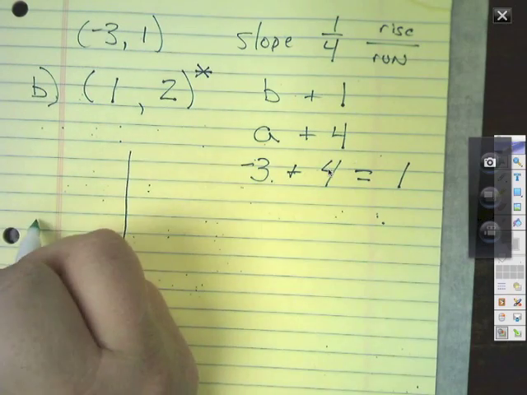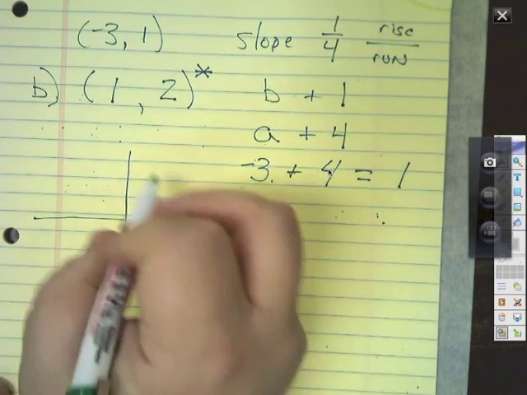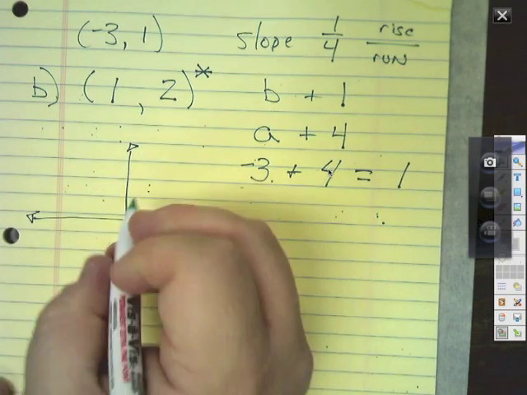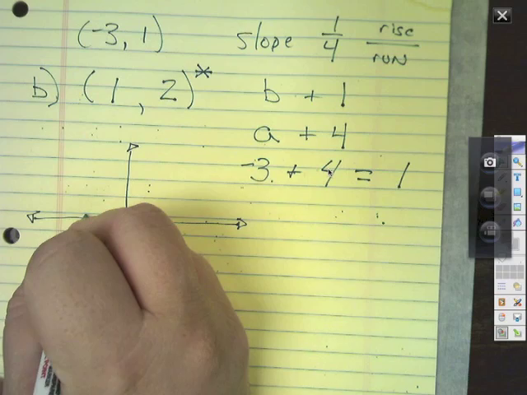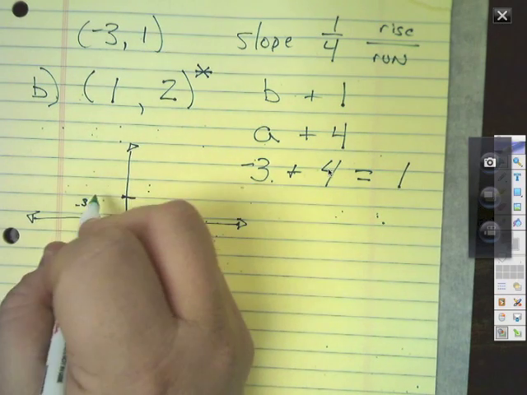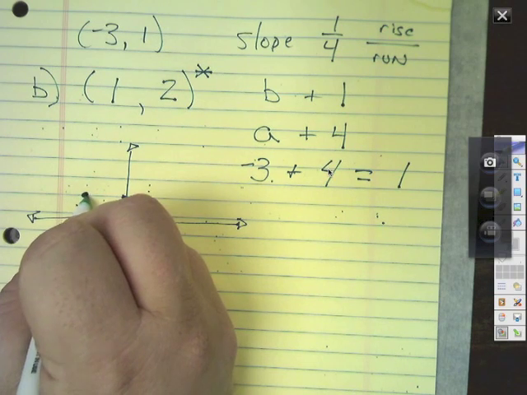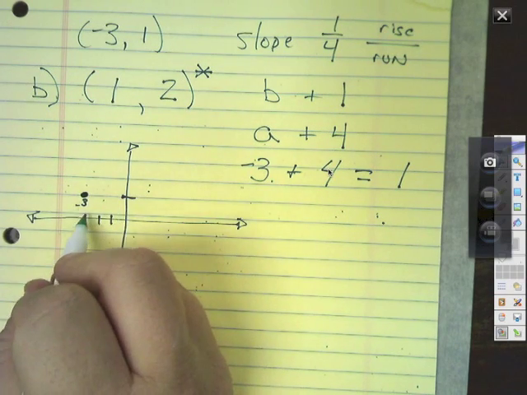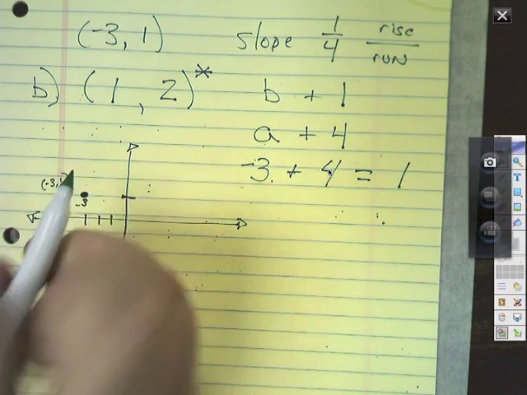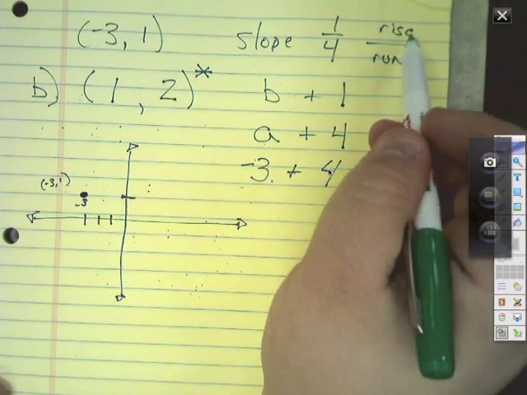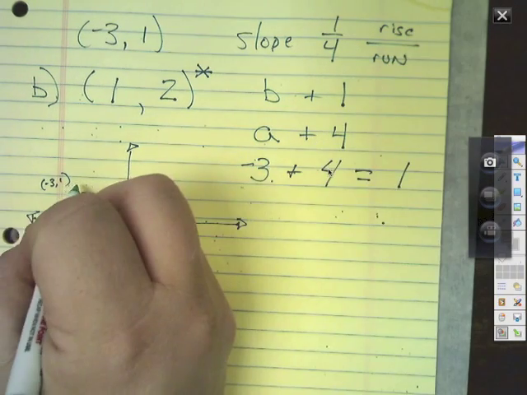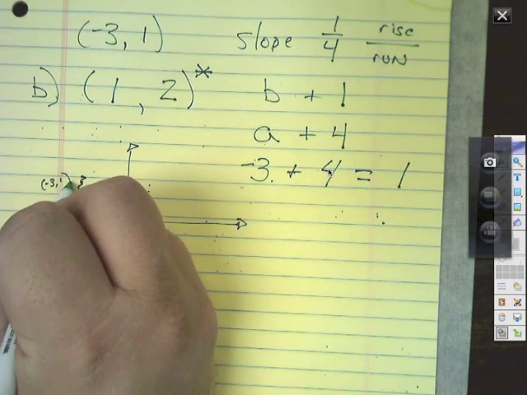Now, as I said before, they want us to graph it. So I'm going to make a coordinate plane. I know the first point is going to be negative 3, 1, 2, 3, and up 1 unit. Negative 3, up 1 unit. Now, as I said, rise over run.